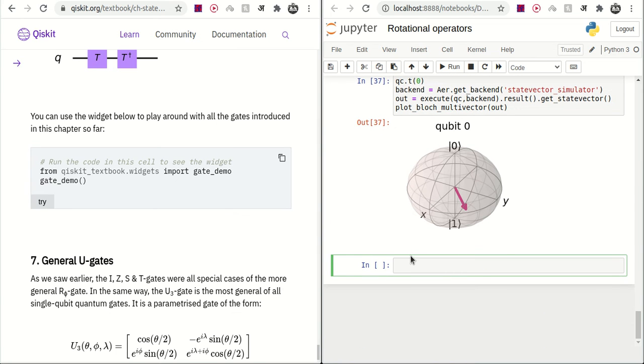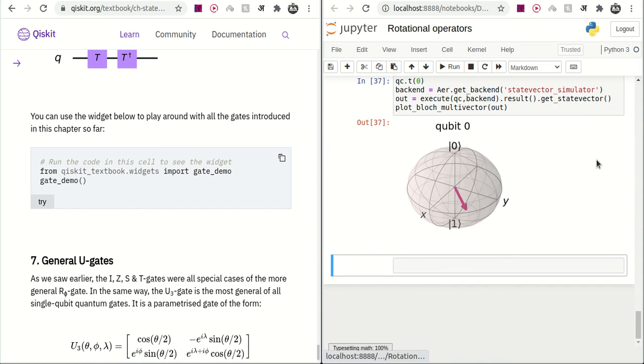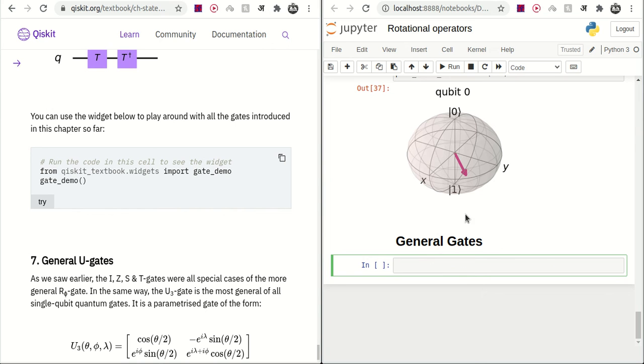Now if we want to give a general form of gates: we are seeing that no operation makes the vector go out of the Bloch sphere, so the magnitude of the vector is preserved.